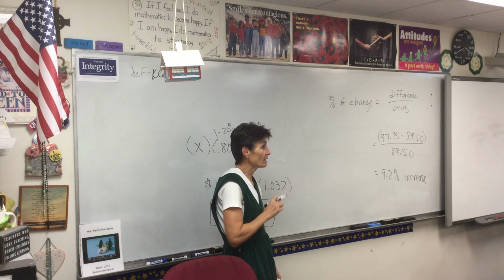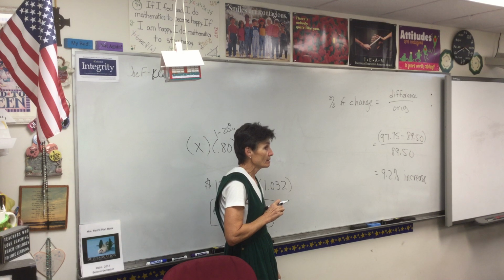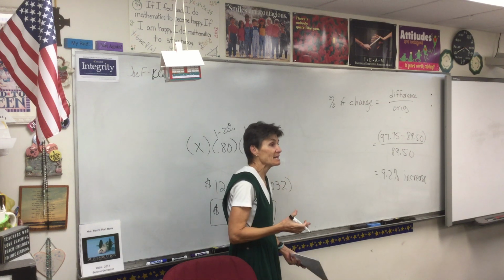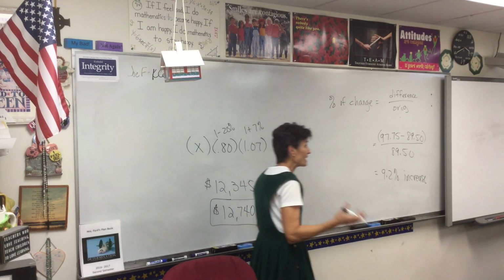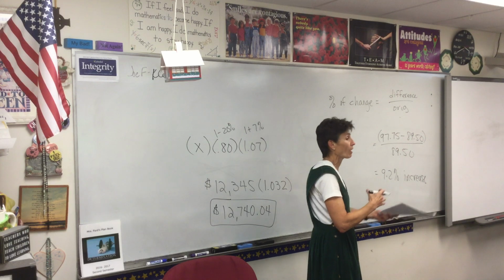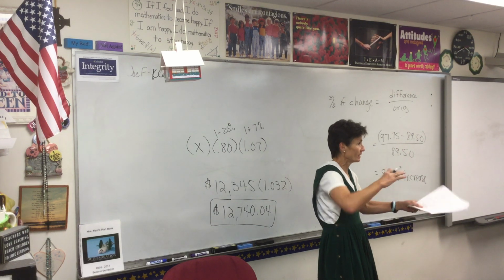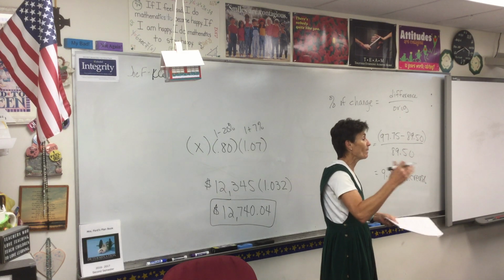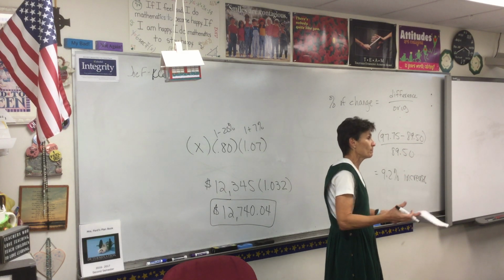Now, if you did it Olivia's way, what did you get? Like 79.9999 or something like that? Or 80? Yeah, you got about 80%. So that means the new car is worth 80%, or the second value is 80% of the first value. So how much did it go down? 20%.